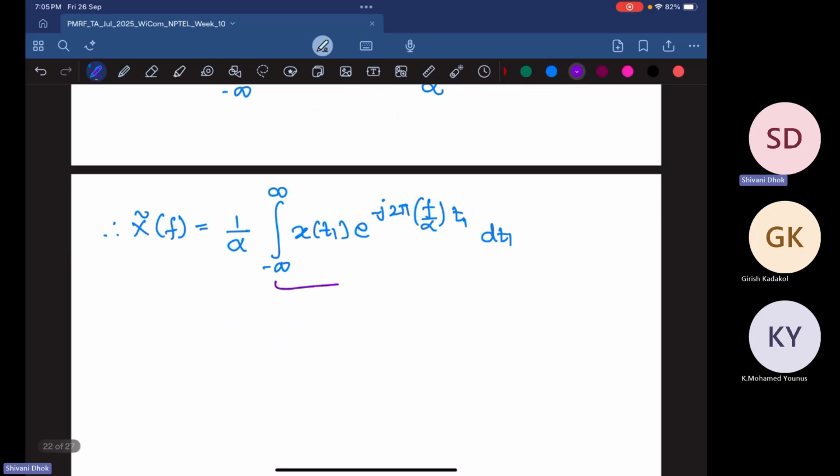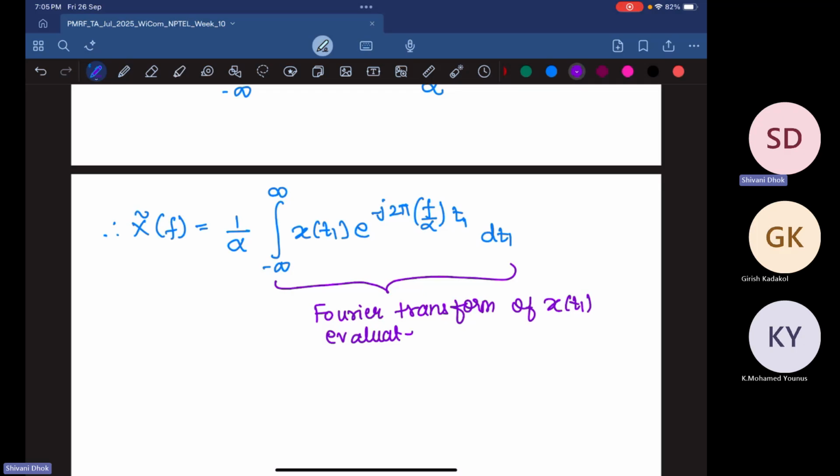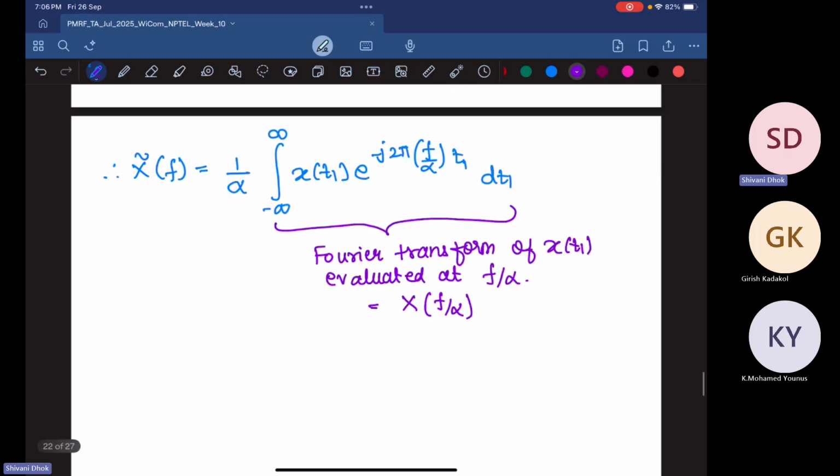Now this integral is nothing but the Fourier transform of x of t evaluated at f by alpha, that is X of f by alpha.